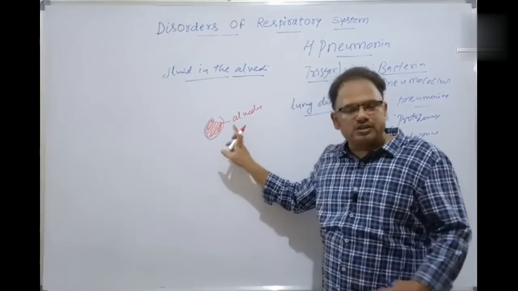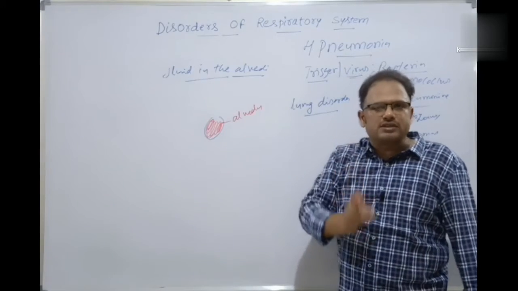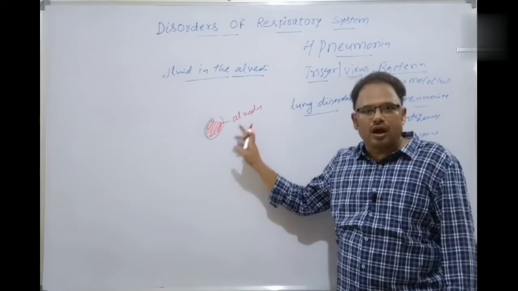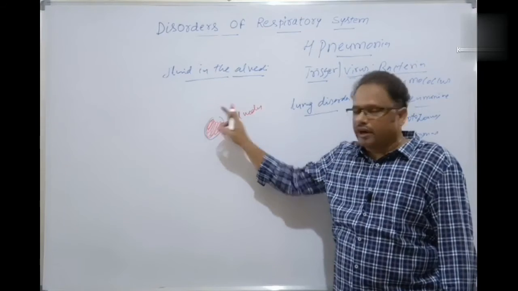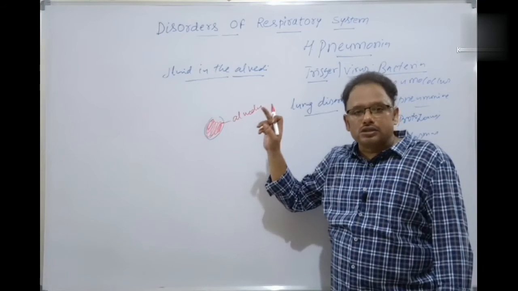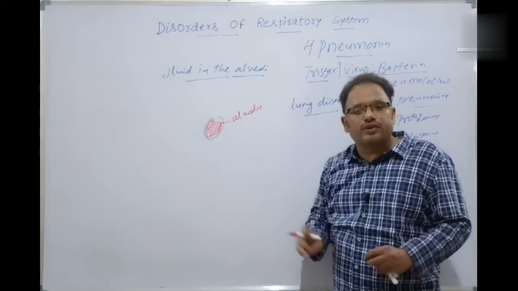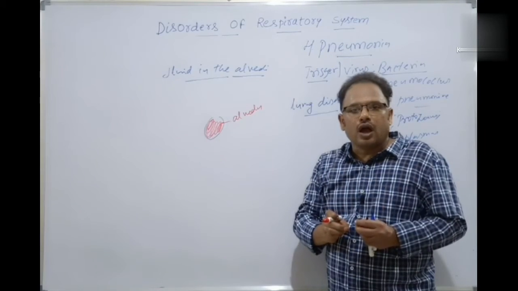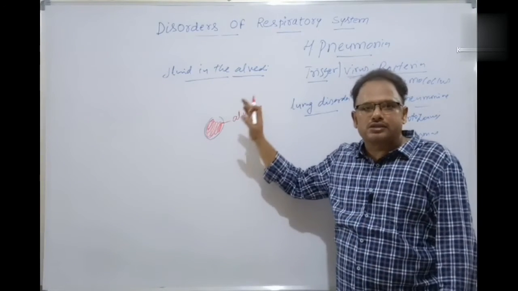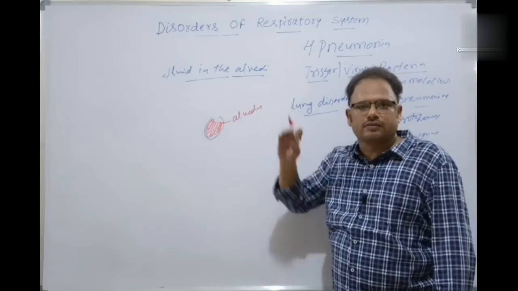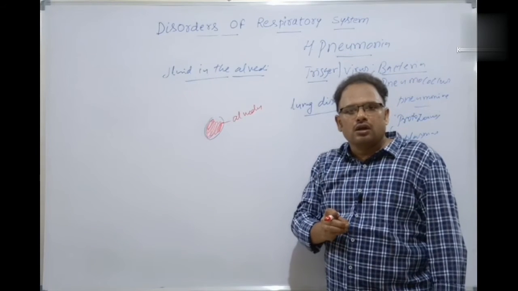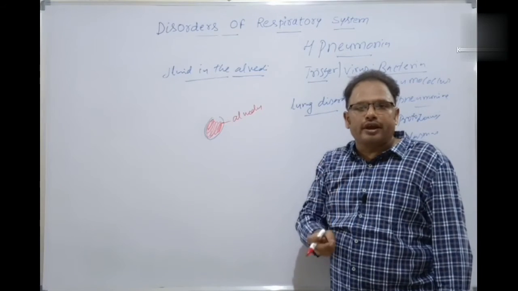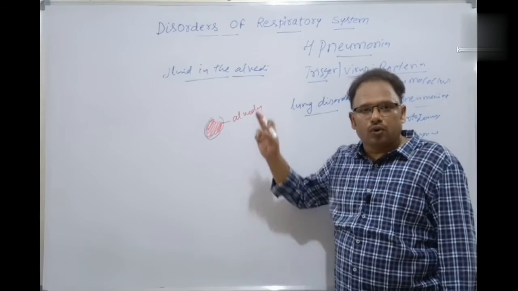Actually, what is alveoli? Where the exchange of respiratory gases occurs. But there is an accumulation of which one? Fluid. Because of this, there is a severe impairment, obstruction to the normal exchange of respiratory gases. Oxygen is not properly supplied to the cells for metabolism in pneumonia.